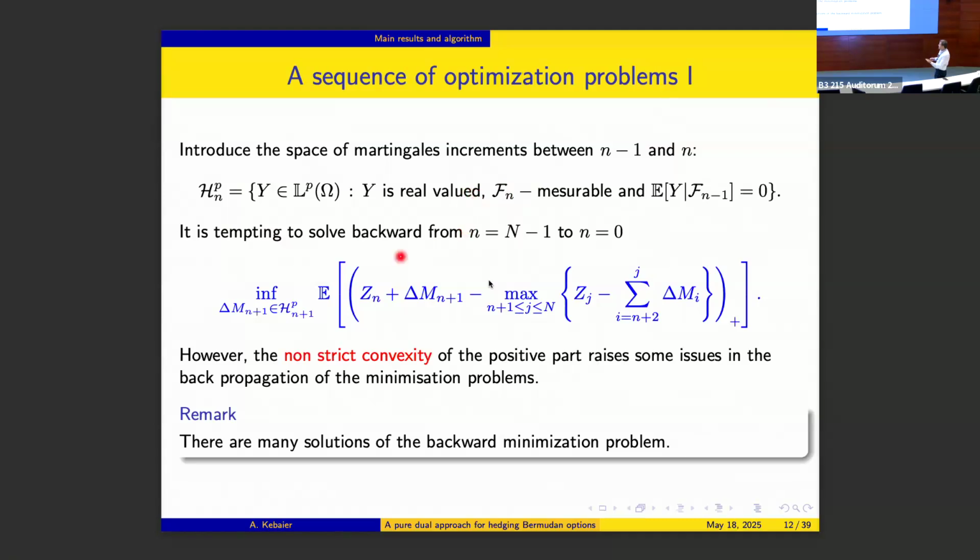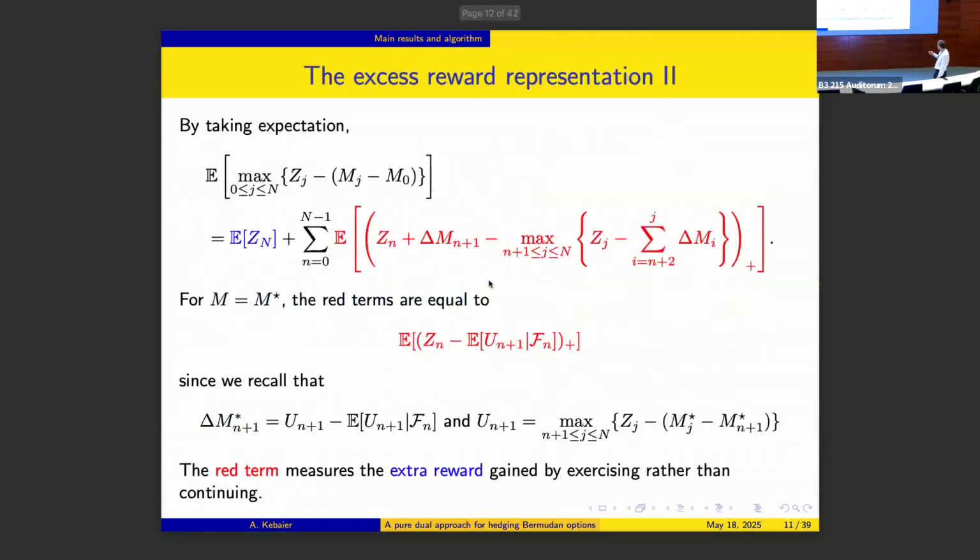As I said, it's tempting to now run the infimum on each piece, because if you go back here, this delta M n plus 1 increment does not appear in this running maximum. It's a new term. So the idea is to say, am I able to run the infimum on each new martingale increment?